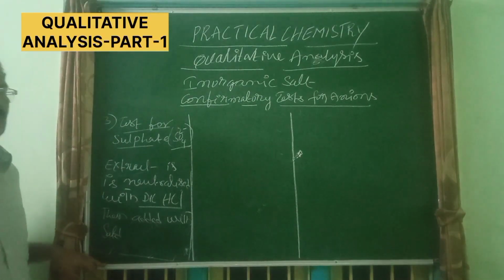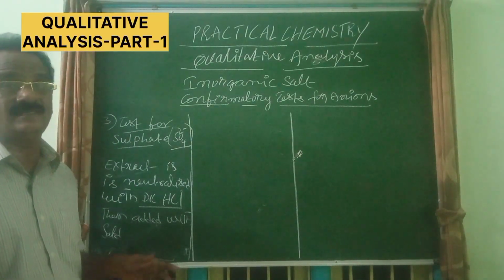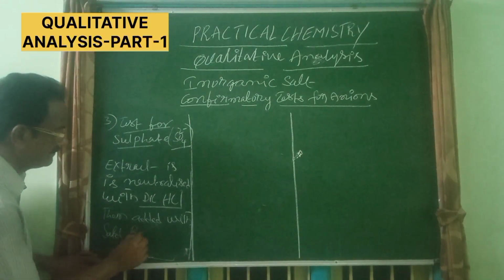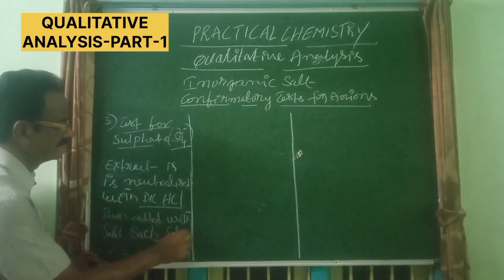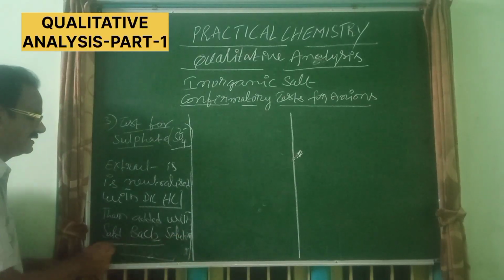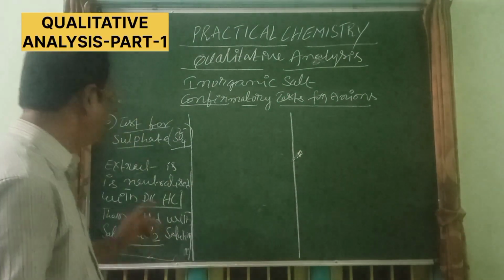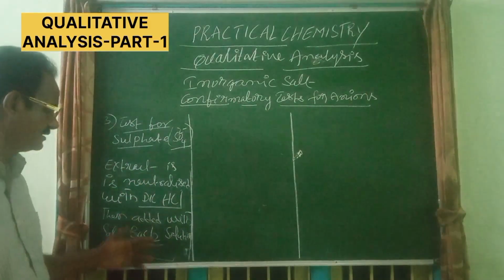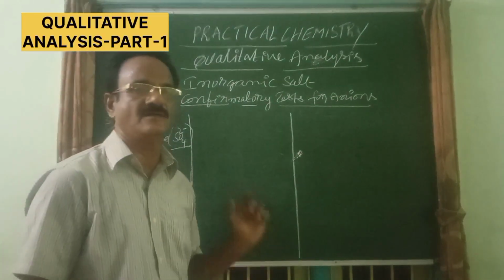I told you about the saturation in the identification tests. Saturated BaCl2 solution. The two reagents are enough here. The extract is neutralized with dilute HCl, then added with the saturated BaCl2 solution for confirmation of sulfate.